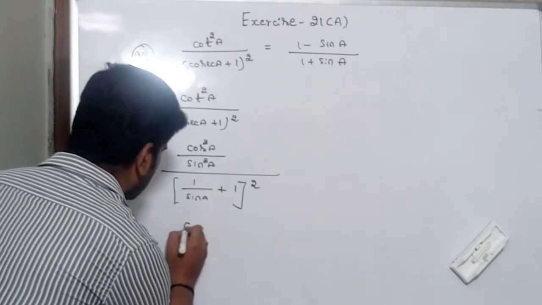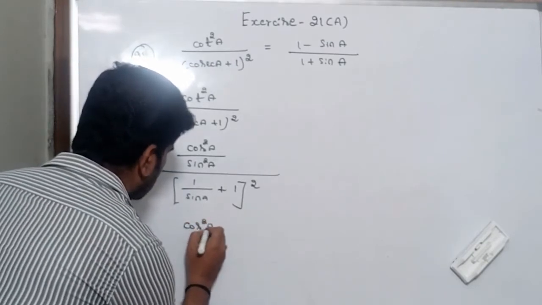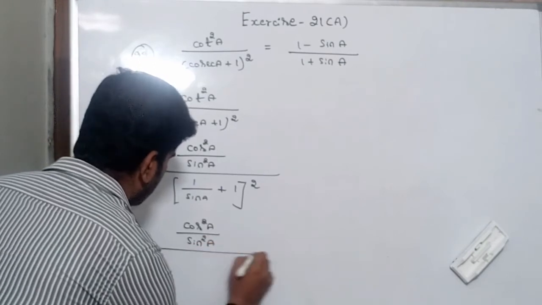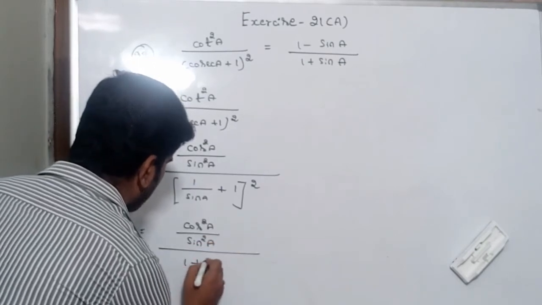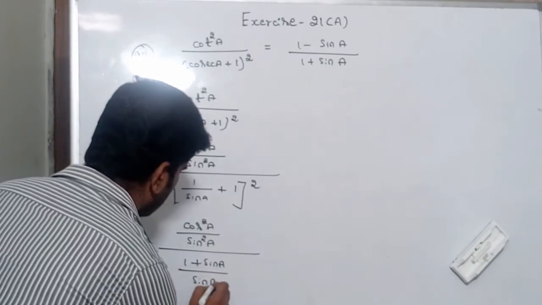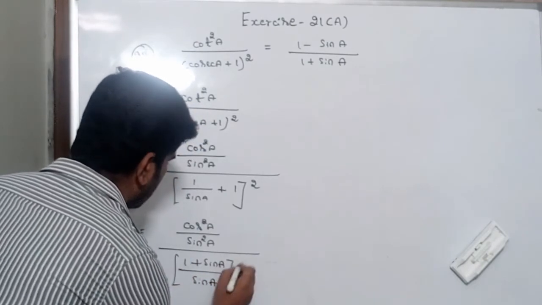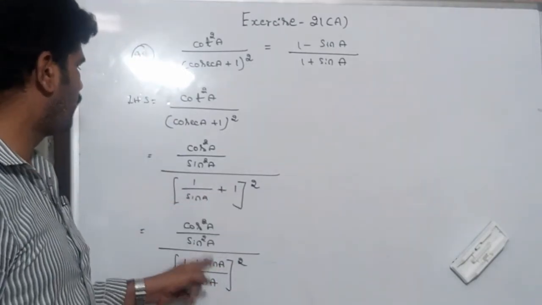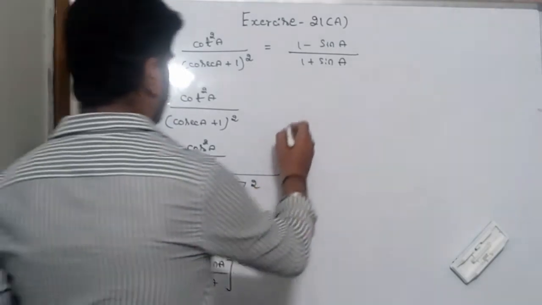So that is equal to cos square a by sin square a divided by 1 plus sin a divided by sin a the whole square. I have taken sin a as the LCM, sin a into 1, 1 plus sin a.